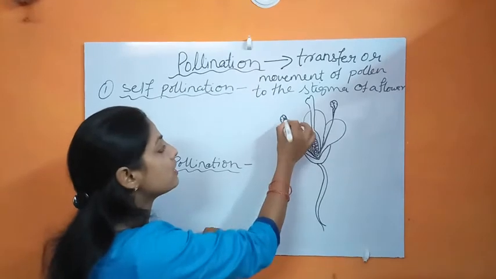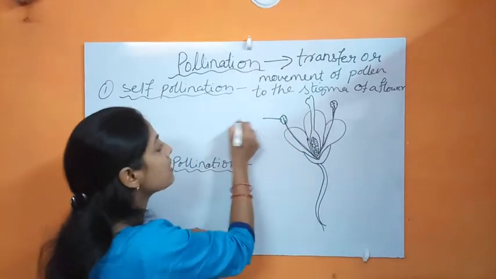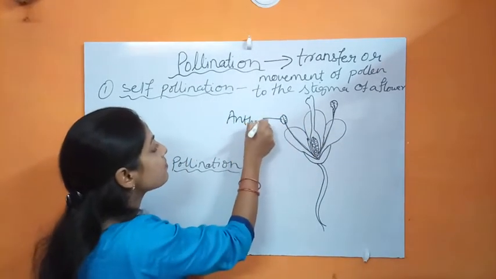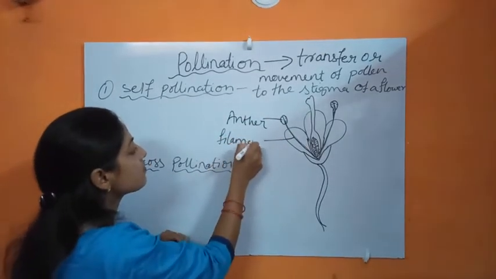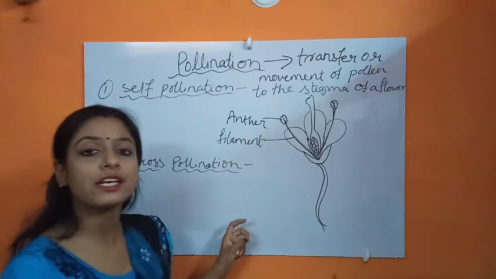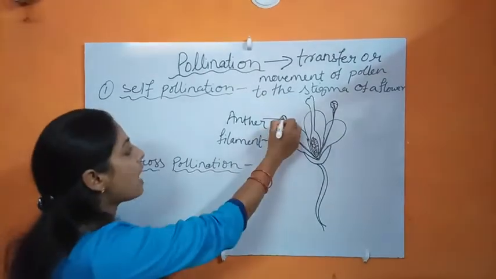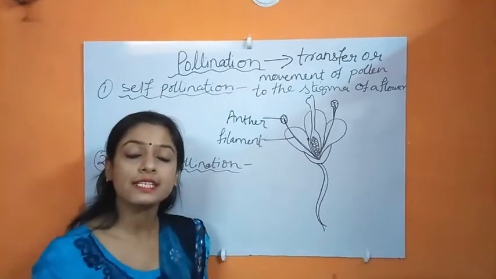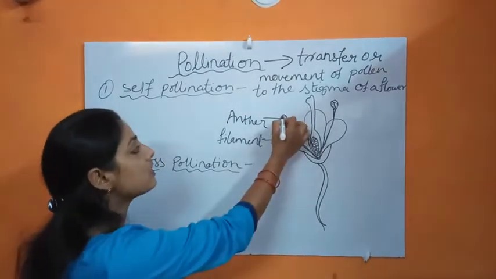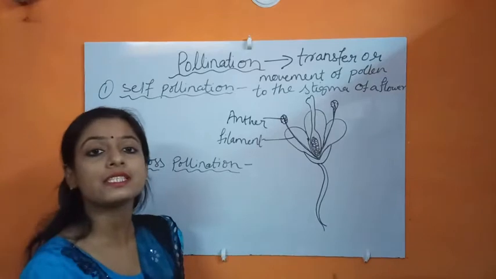This part is the anther and the stalk is the filament, which we have already seen. So the anther contains pollen grains. When the pollen grains mature, the anther opens to release them.